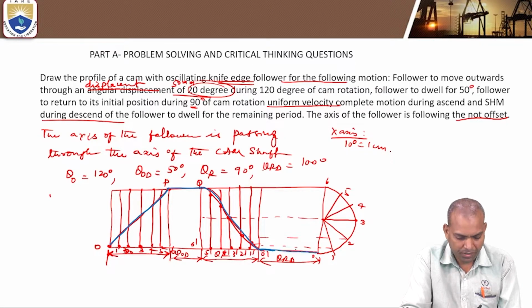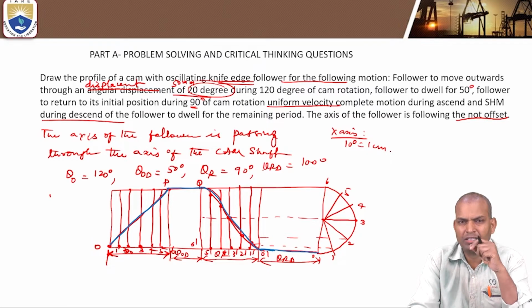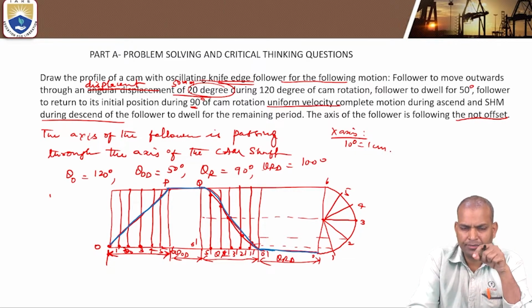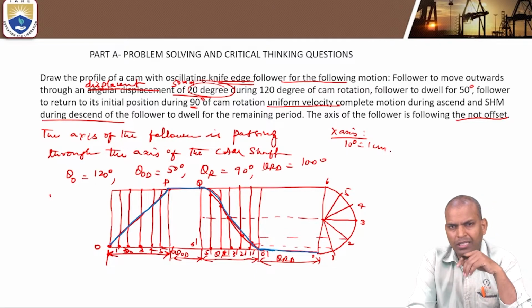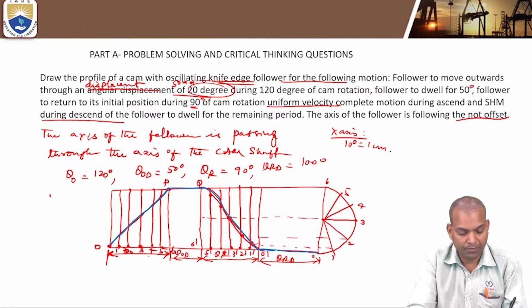This curve indicates the displacement during the particular angle of rotation of the cam. The lift of the follower has uniform velocity during ascent, and during descent it is simple harmonic motion. The shape of the curve looks like this, which is shown in blue color. This is the displacement diagram.